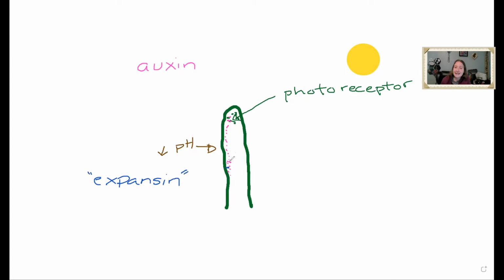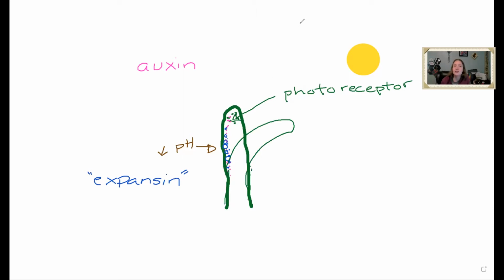It releases expansin, and expansin makes the cells swell up. The cells get bigger. When the cells get bigger, they start pushing against each other on this side, and they cause the stem to bend like this. They make the stem bend and change its shape.